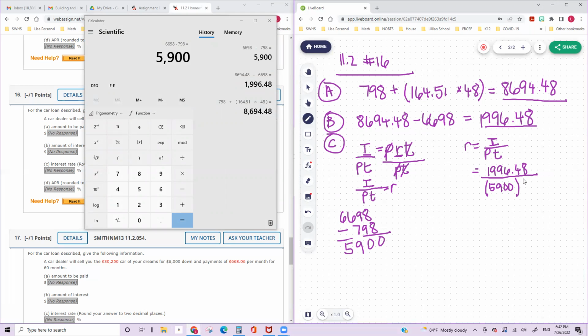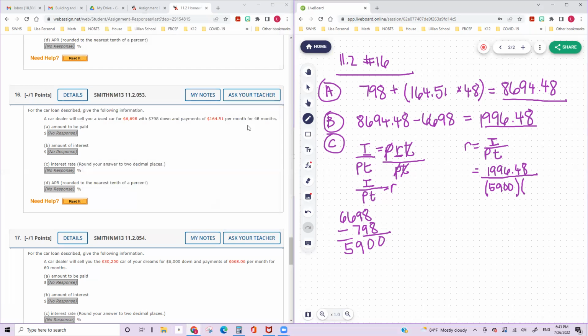And then I'm going to multiply this by the time. Now, what do you know about the time? So in the problem, it tells you it's going to be 48 months. But in my particular problem, time is done in years. And so if time is done in years, we need to take our 48 months and turn it into years.